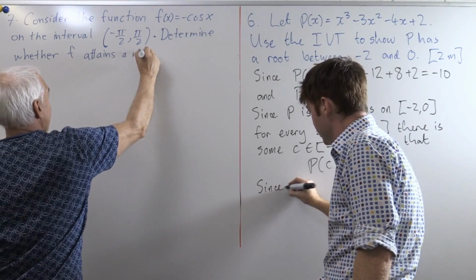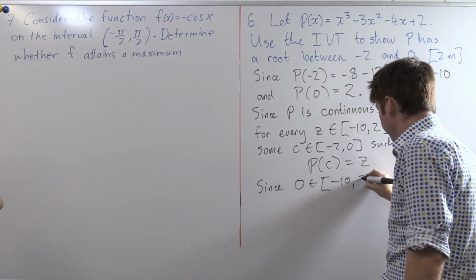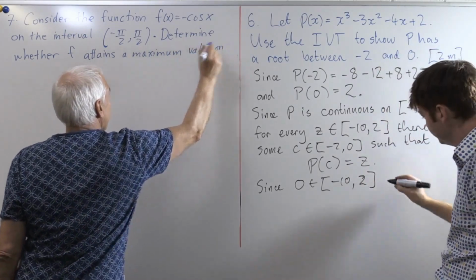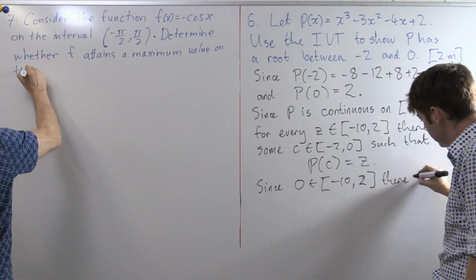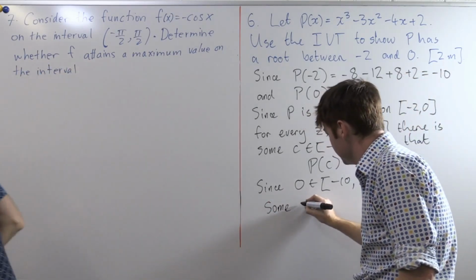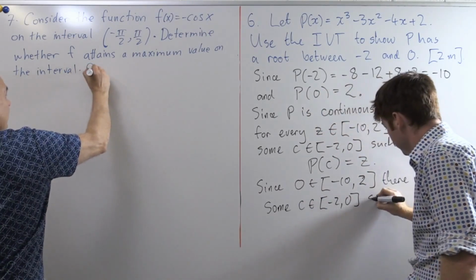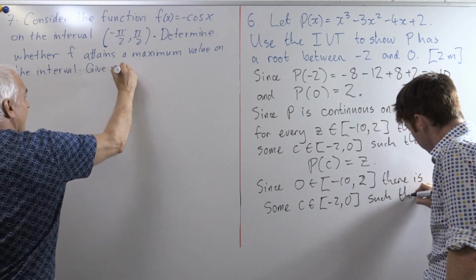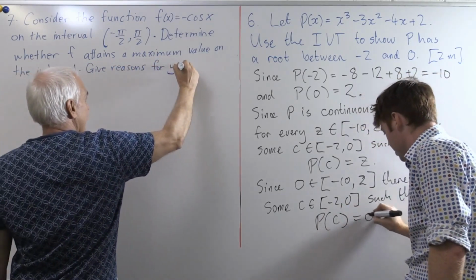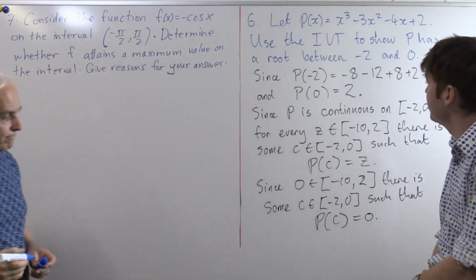Since 0 is in the interval negative 10 to 2, there is some c in the range negative 2 to 0 such that p of c is equal to 0, which is exactly what the question asked us to prove.